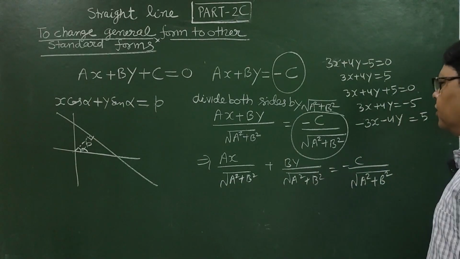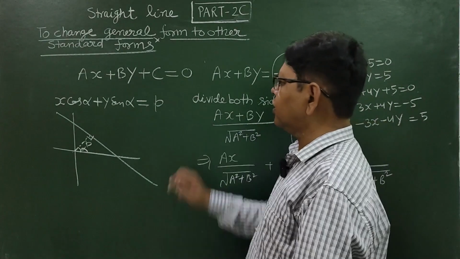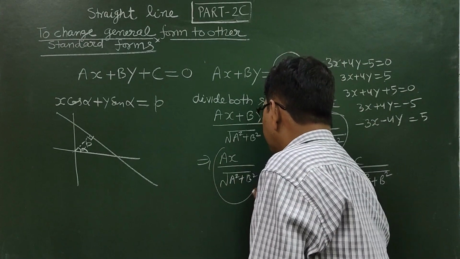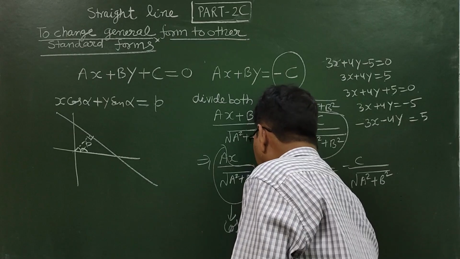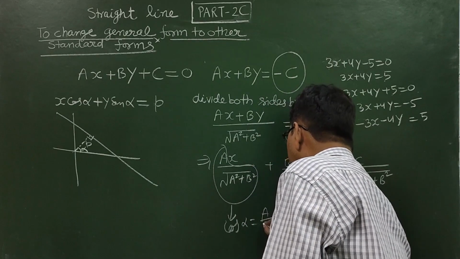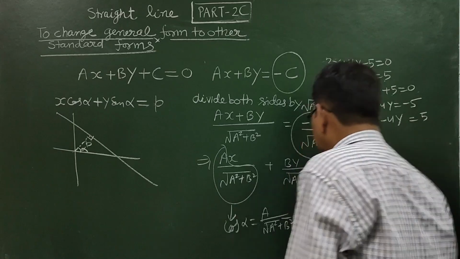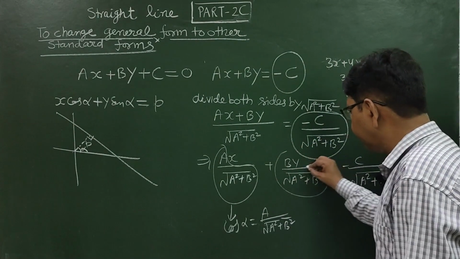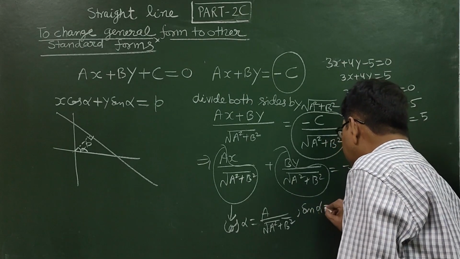Now, if you compare this equation with the form x cos alpha plus y sin alpha is equal to p, you get the coefficient of x, cos alpha, is equal to a upon under root of a square plus b square. And the coefficient of y, b upon under root of a square plus b square, is sin alpha.